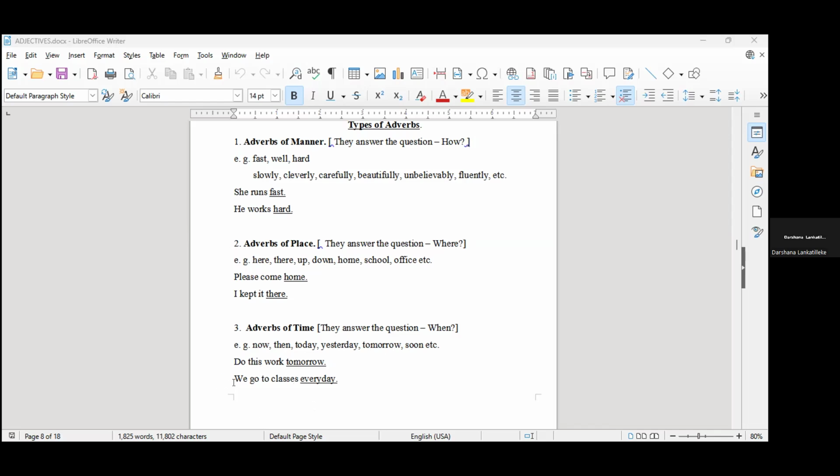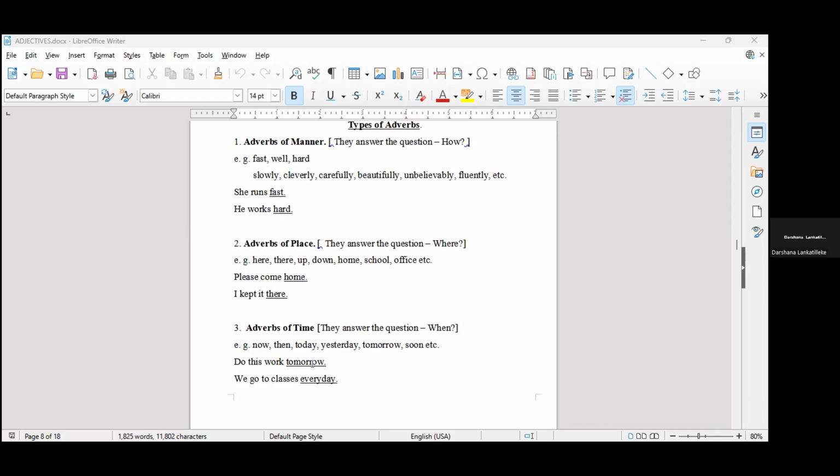Then, we go to classes every day. So every day is an adverb of time. So these words describe the verb here.